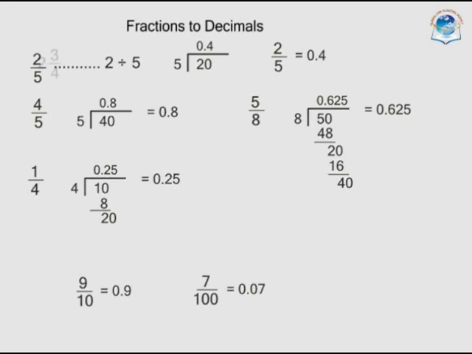For mixed fractions, we can first make them improper fractions. For example, 2 and 3 over 4, we have 11 over 4, and then we divide normally. 4 goes into 11 2 times because of 8. We subtract and we get 3. At this point, we do not write remainder 3. No. We proceed.